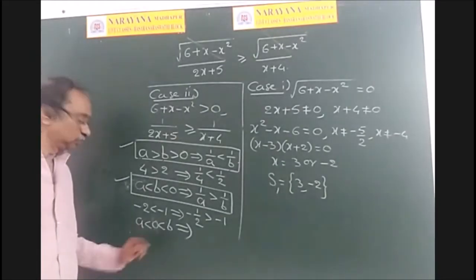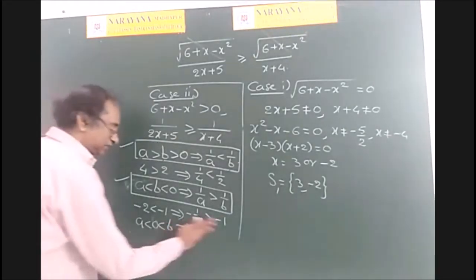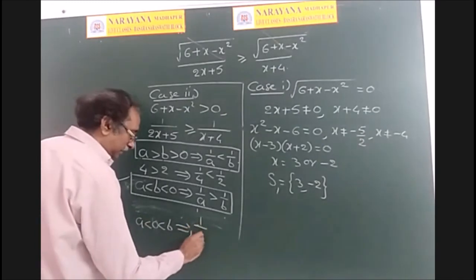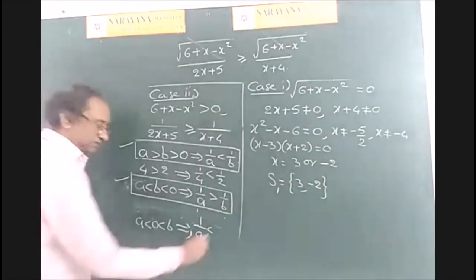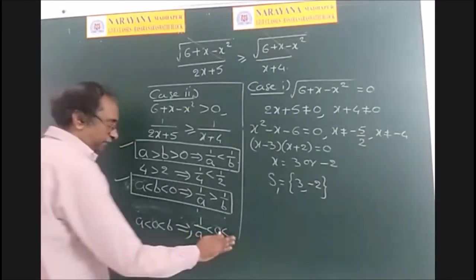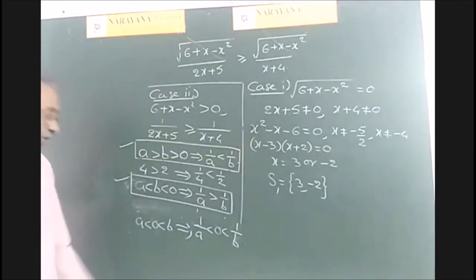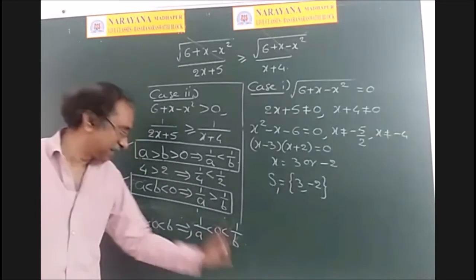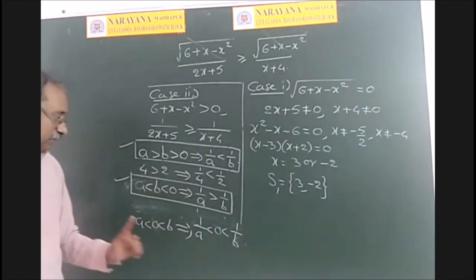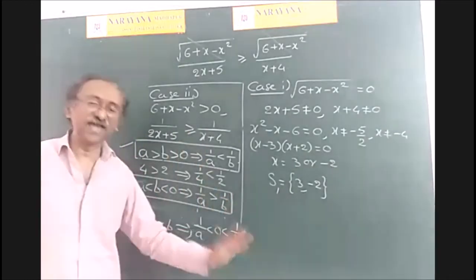A is negative, B is positive. Then what is the reciprocal of a negative number? It is negative, less than 0. What is the reciprocal of a positive number? That is positive, so greater than 0. So the inequality prevails, less than only. So A less than B implies 1 by A less than 1 by B only.